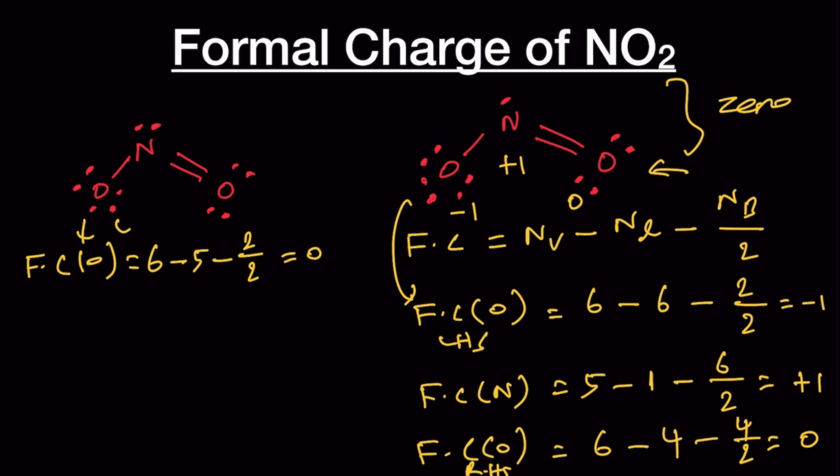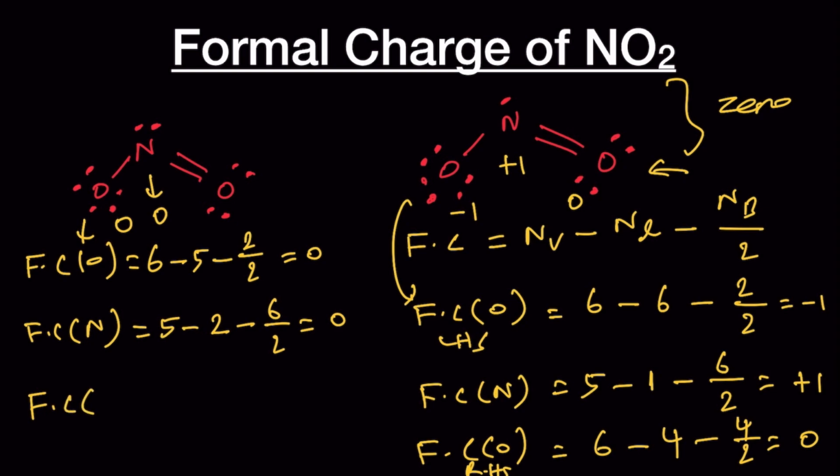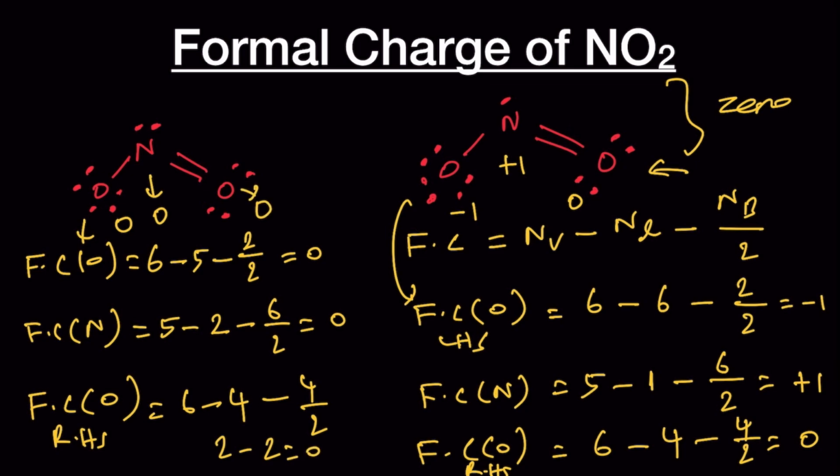So, the formal charge for this oxygen atom is 0, and then the formal charge for nitrogen is equal to, we have 5 valence electrons in nitrogen minus we have 1 lone pair, therefore 2 here, minus we have 3 bonds, therefore 6 by 2, therefore 3 minus 3 equal to 0, therefore the formal charge for this nitrogen atom is 0, and then the formal charge for the oxygen atom that is there on the right hand side is equal to 6 minus we have 2 lone pairs, therefore 4, minus 2 bonds, 4 by 2, therefore this is 2 minus 2, that is equal to 0. Therefore, for this oxygen atom also the formal charge is 0.